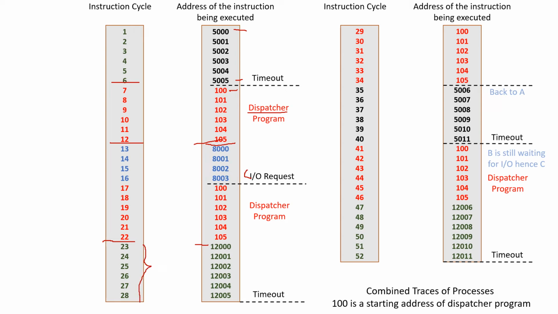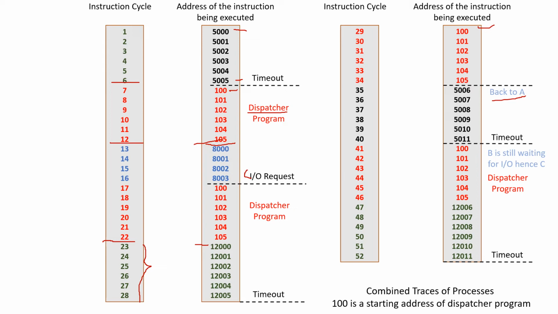After that, again the dispatcher program will be executed, and after that the control will go to process A from 5006 to 5011, the next 6 instruction cycles. After process A, again the context switching will happen.